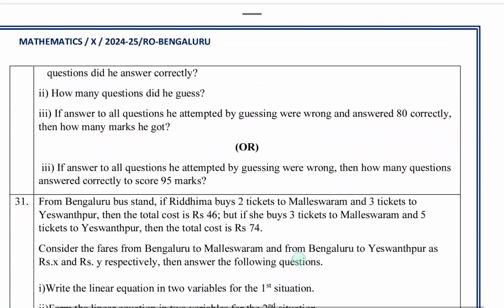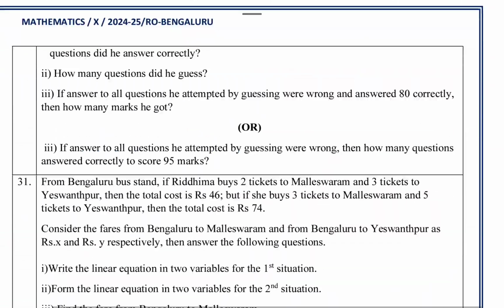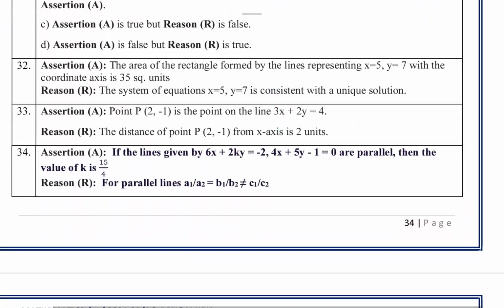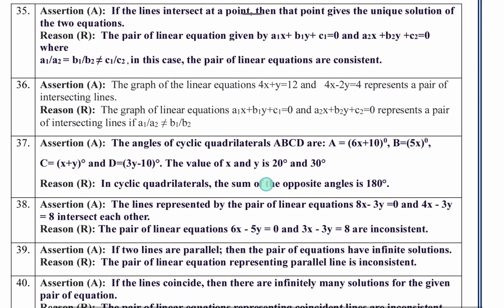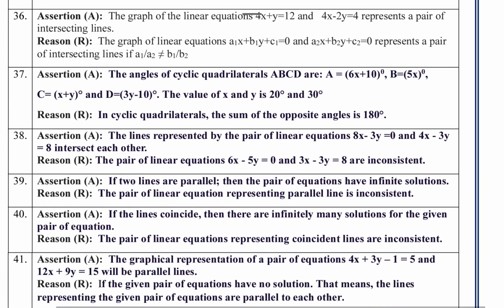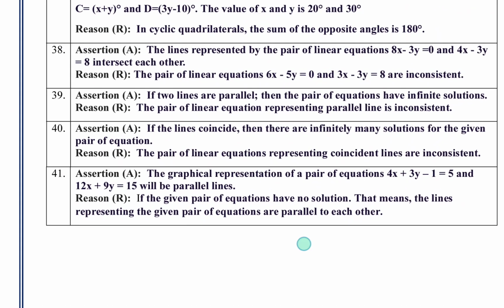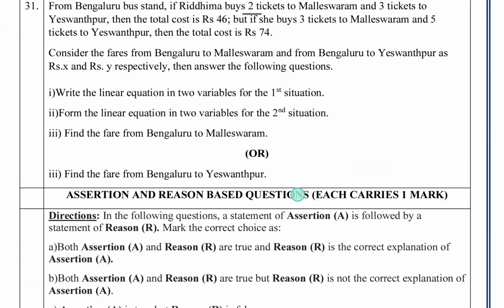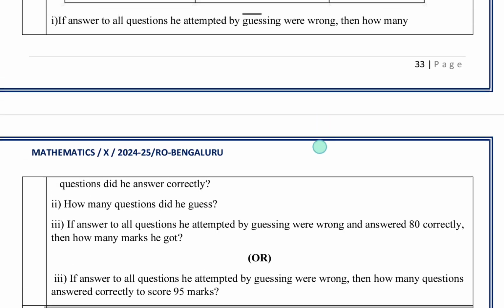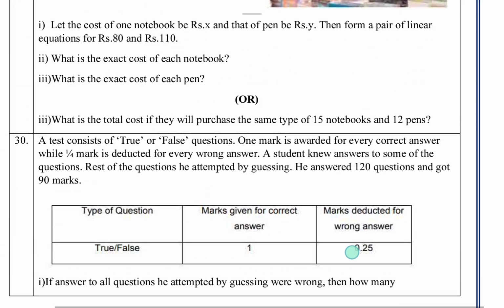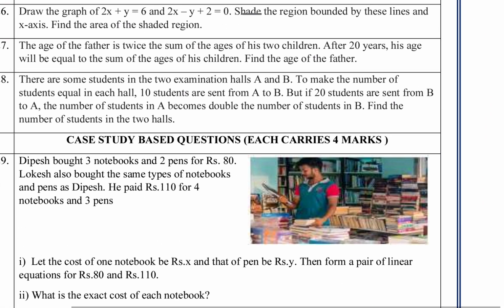I hope you understood. You can pause anywhere you want, see the questions and answers, and study yourself. In this section we have studied a pair of linear equations in two variables.